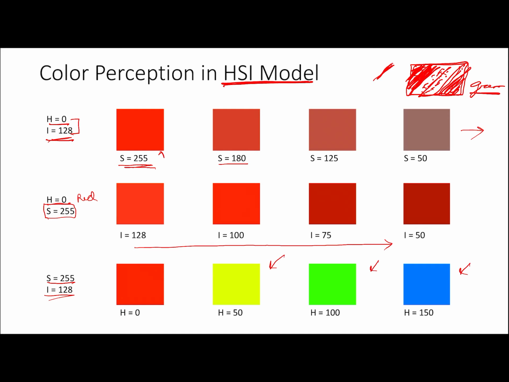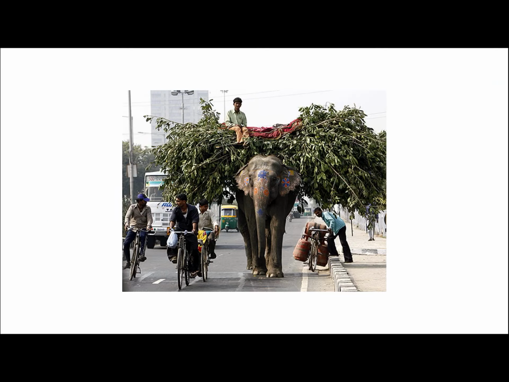Again, this can be the effect of intensities, non-uniform illumination, or some shadow effect, but they all will have the same hue. So we can say that hue remains unchanged under non-uniform illumination as well.